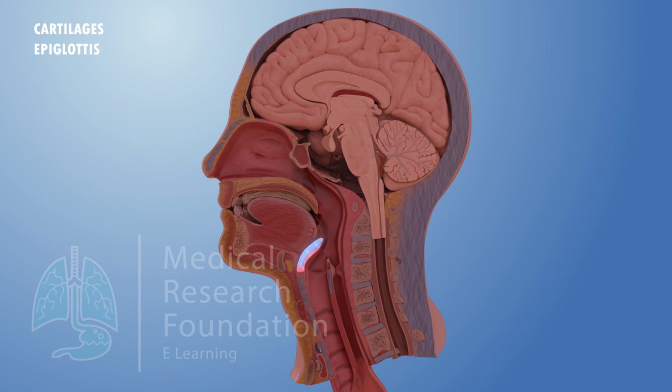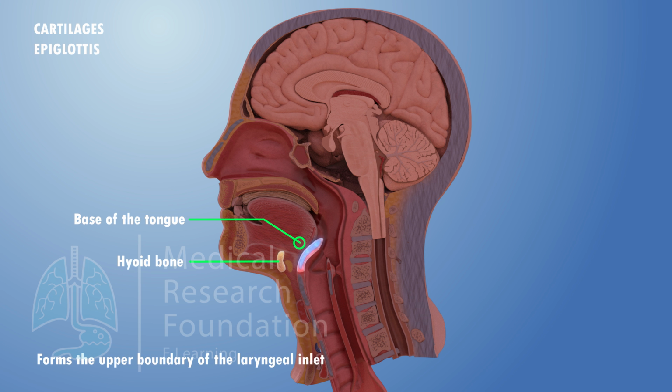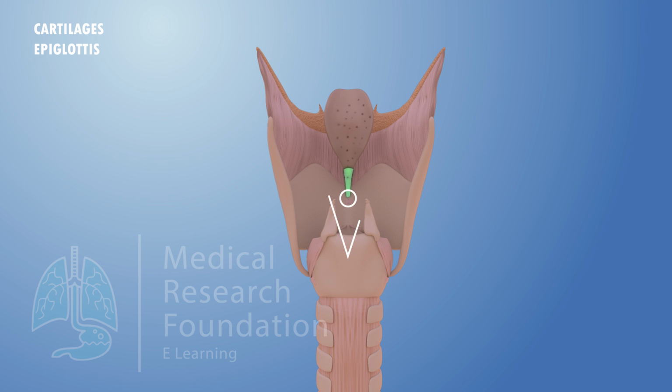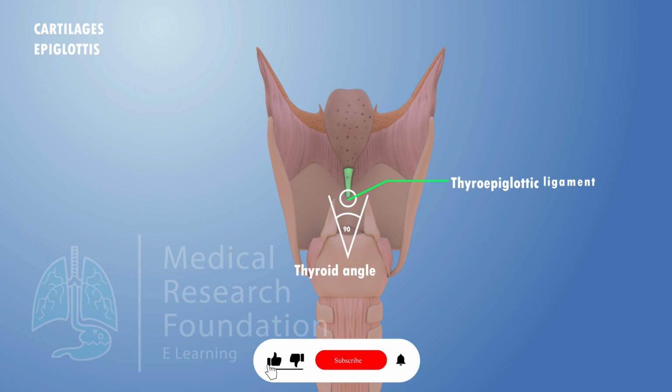Epiglottis. It is leaf-like and extends up behind the hyoid bone and the base of the tongue. Its broad upper end is free and forms the upper boundary of the laryngeal inlet, while the lower end, the stalk, is pointed and connected to the posterior surface of the angle of the thyroid by the thyroepiglottic ligament.